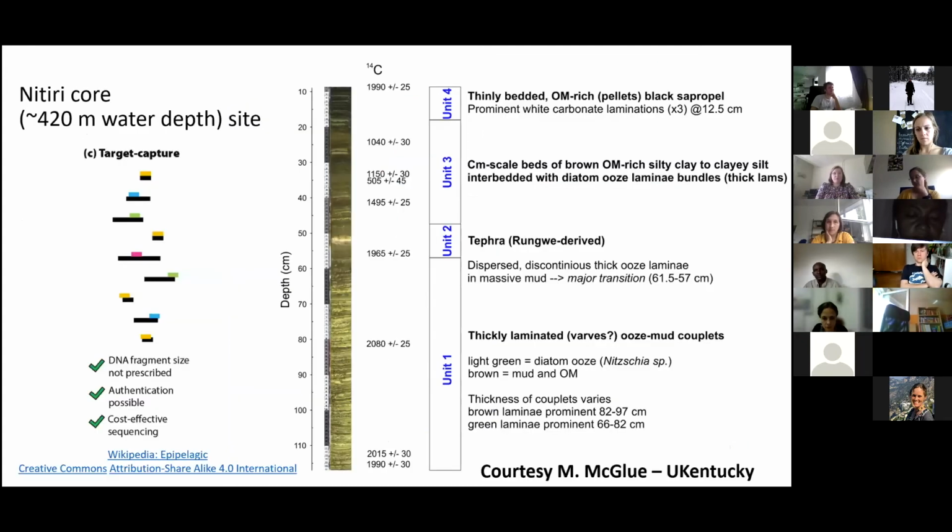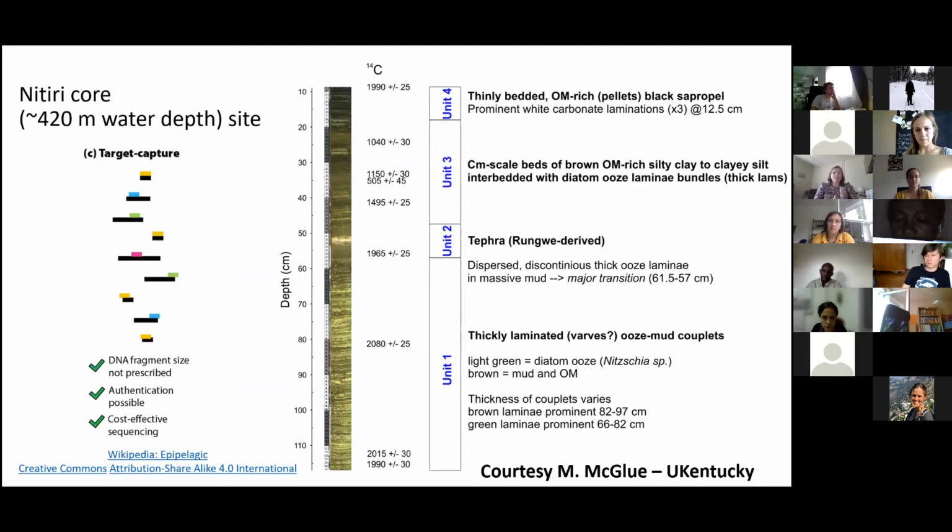So I'm going to be transitioning my focus to a target capture technique on the Natiri core. The Natiri core was taken from a bit deeper waters. This core had two cores taken at the same time, dual cores. One core has been described really well, and has a lot of different proxies that are being analyzed with collaborators.